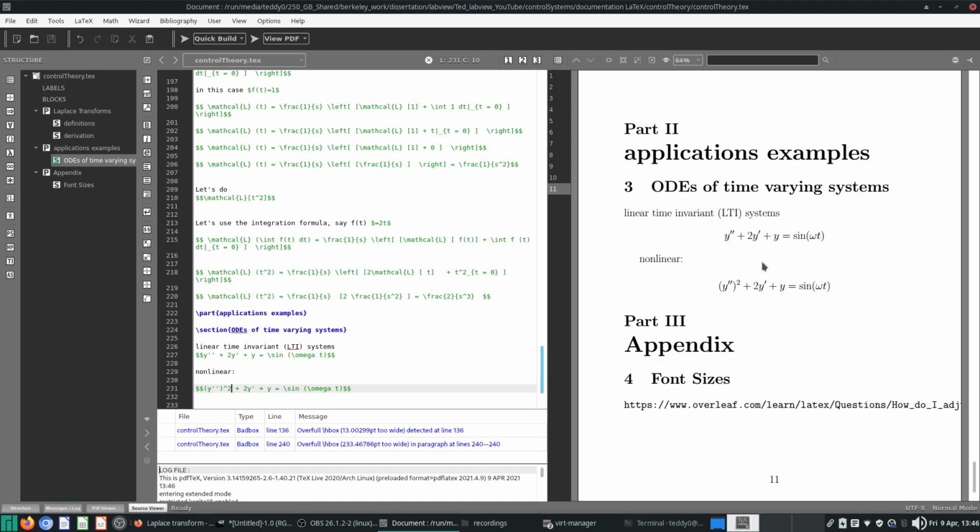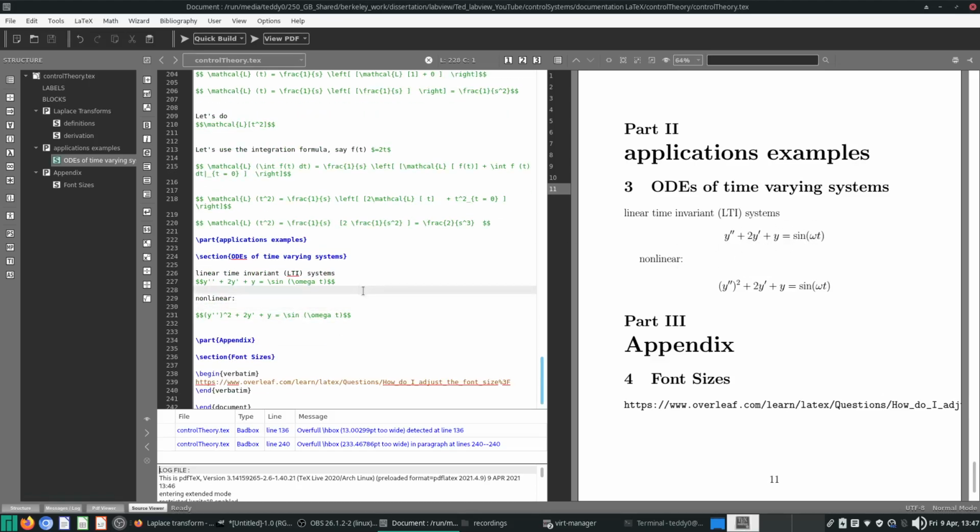So what am I talking about here? Why is it easy? If you want to solve second order ODEs, you probably have to think about the homogeneous part, and then you think about the particular part.